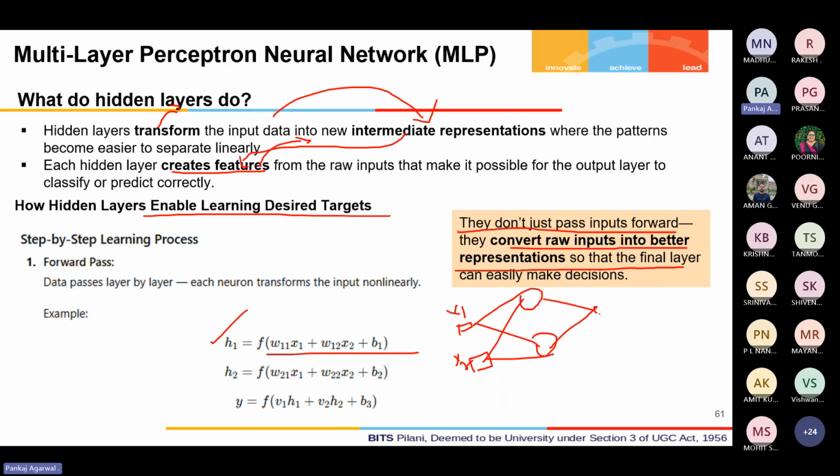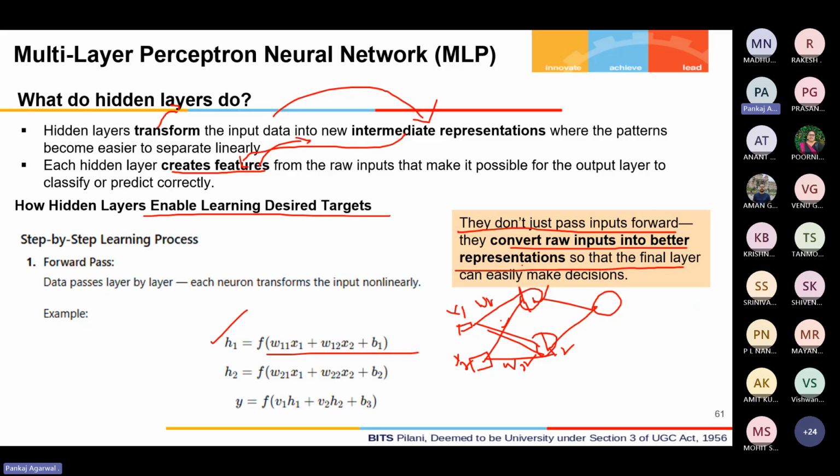The weights are W11, W22, W12, and so on. So H1 is nothing but W11 into X1 plus W12 into X2.